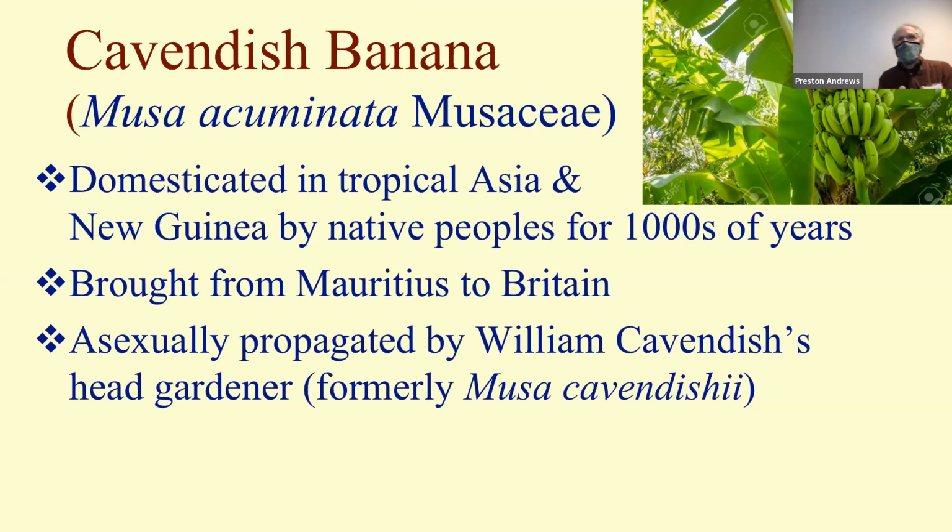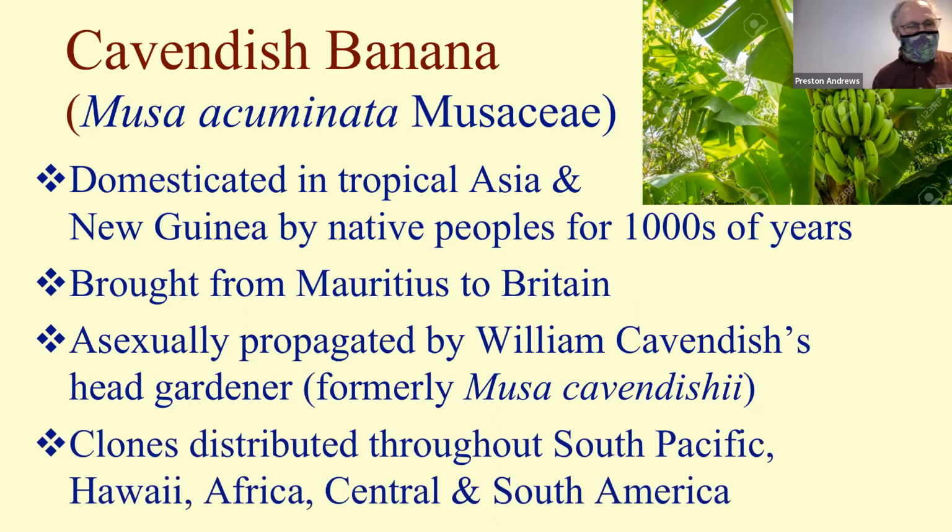And why was it asexually propagated? Because, you know, when you eat a banana, you don't get a seed. There are no seeds in the Cavendish banana. They are what in botany we say are parthenocarpic. In other words, they produce fruit without seeds. And there are seedless grapes and seedless this and that, so there are some other plants that are parthenocarpic as well.